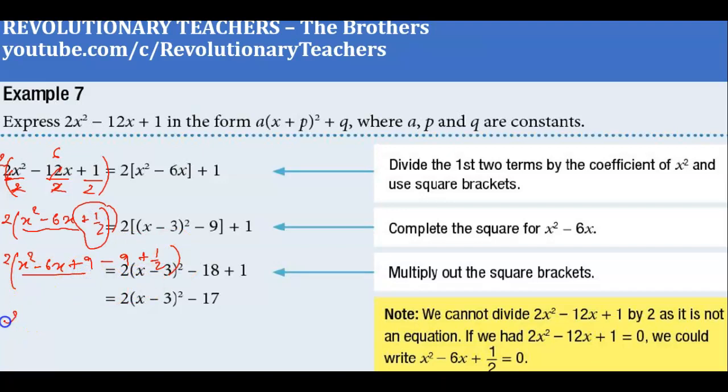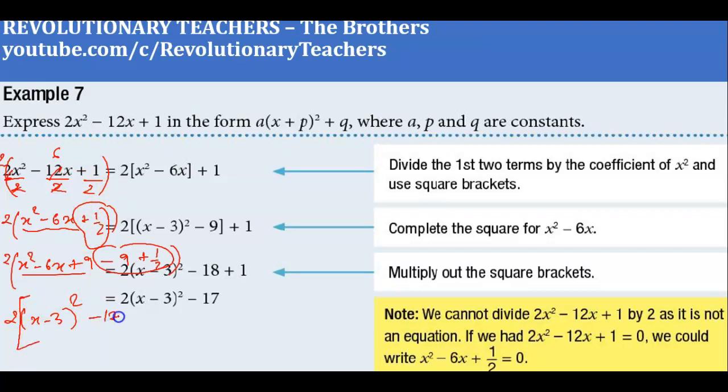This is a perfect square, 2x minus 3 whole square. Now minus 9 plus half. It is 9 twos are 18, 18 minus 17 upon 2.